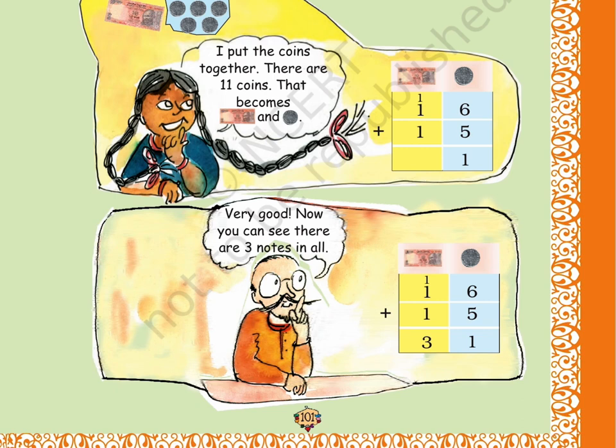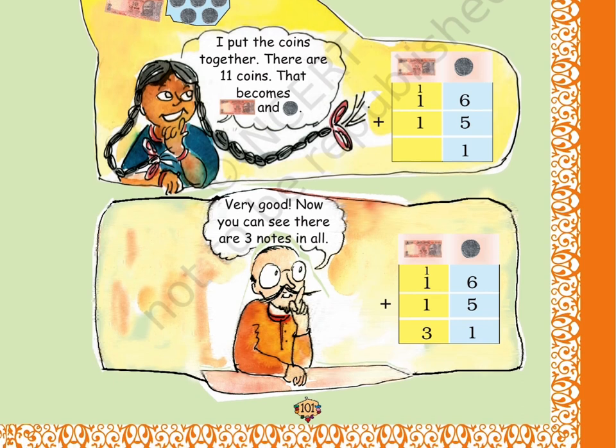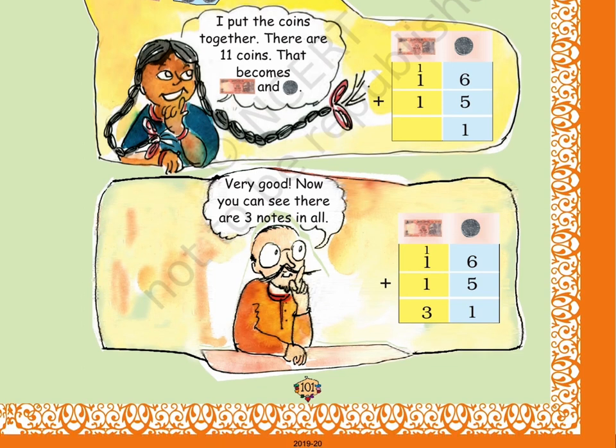The table on the right side of the shopkeeper reads as row 1, column 1, number 1, and another 1, very small in size, written above. Column 2, number 6. Row 2, column 1, number 1, column 2, number 5, and there is a plus sign in front of 1. Row 3, column 1, number 3, column 2, number 1.